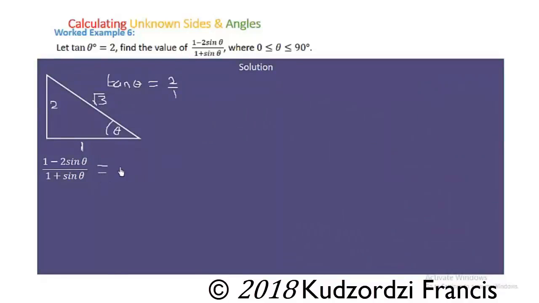So this will now be equal to 1 minus 2 times sine theta. Sine theta is opposite over hypotenuse, which is 2 over root 3, all over 1 plus sine theta, which is 2 over root 3.